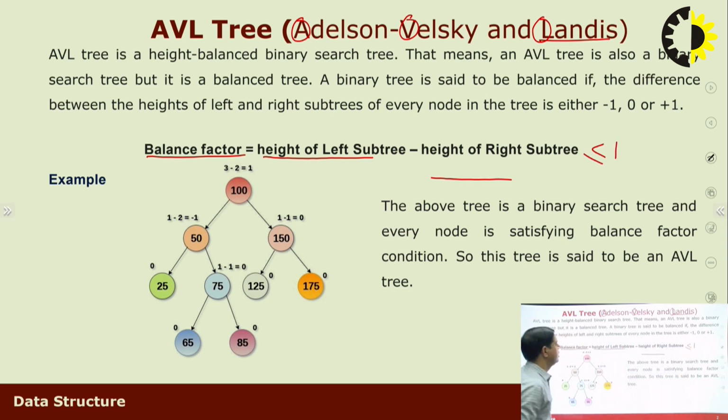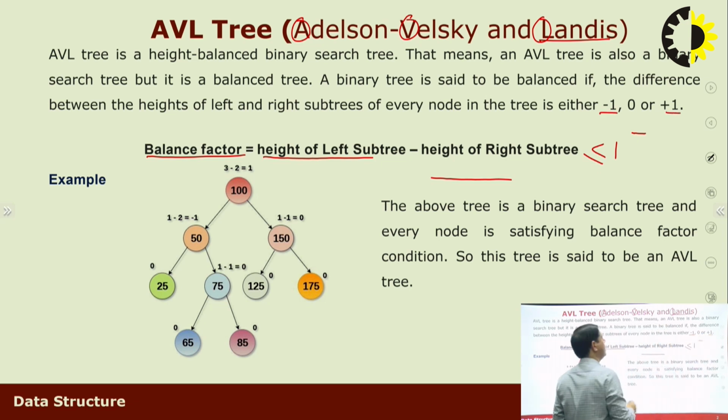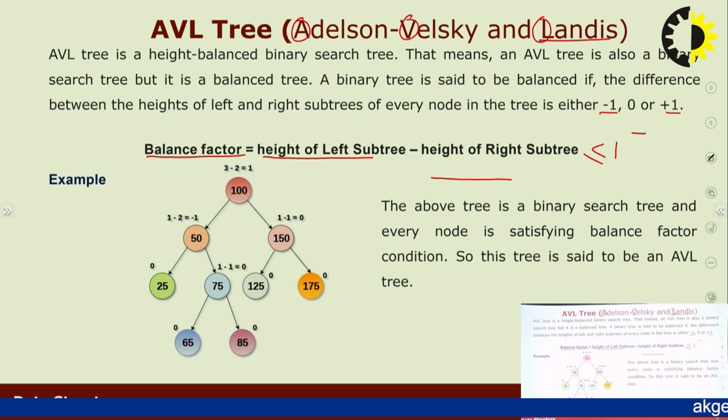That means the difference between the height of left subtree and the height of right subtree can be 0, 1, or minus 1. If we are getting these values at each node, then we can say the tree is balanced. If we are getting any other value except these three values, then we can say the tree is imbalanced at that particular node. We can understand it in a better way with the help of this example.